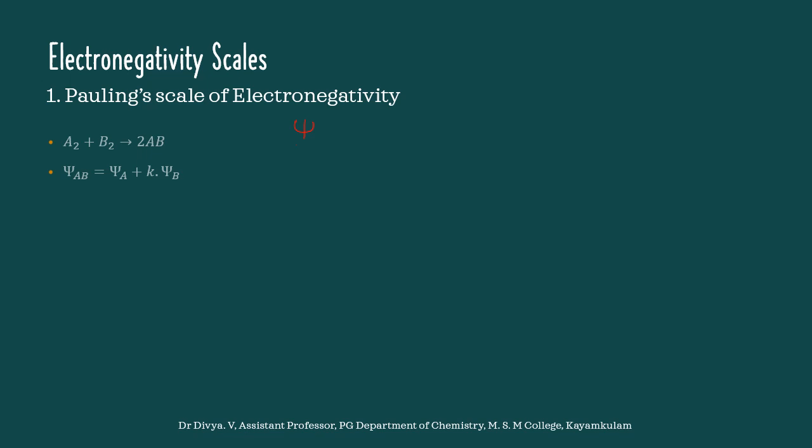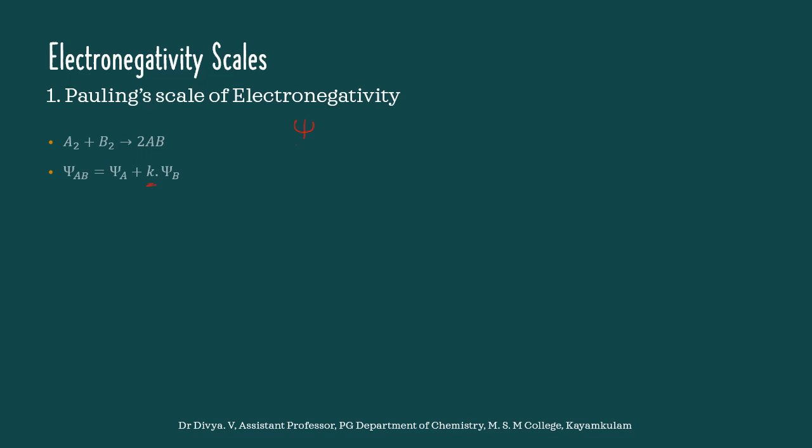Now this wave function of the AB molecule can be considered as the sum of psi A, that is the wave function of the A atom, plus a constant into the wave function of B. The bonding or molecular orbital wave function psi AB is made from the contribution from wave functions for the appropriate atomic orbitals psi A and psi B. Psi A represents the atomic orbital of A atom and psi B represents the atomic orbital of B atom.